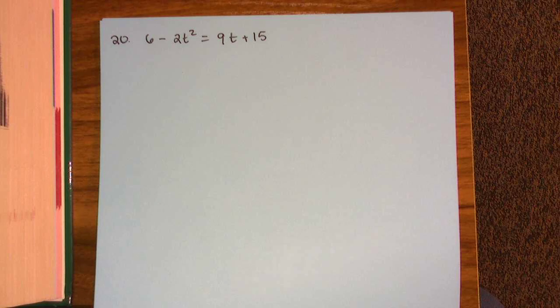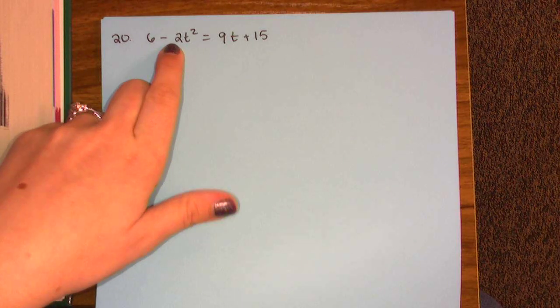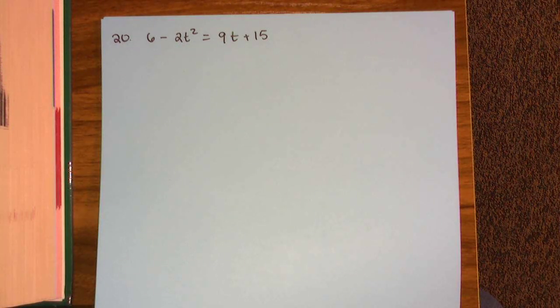Now, if you want, you can move everything to the right side. It doesn't matter. You can move it left or right. The benefit of moving it to the right is this 2 isn't negative anymore. But you'll get the same answer either way because it's going to make everything negative or everything positive. So I like to deal with positive, so I'm going to move everything to the right.